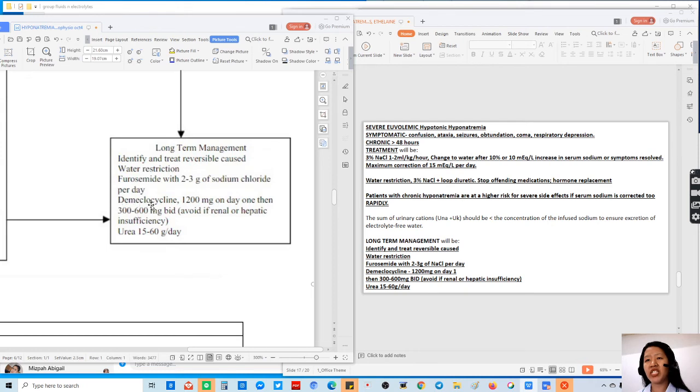Give demeclocycline 1,200 milligrams on day 1, then 300 to 600 milligrams twice a day. Avoid if renal or hepatic insufficiency. Then the urea is 15 to 60 grams per day.